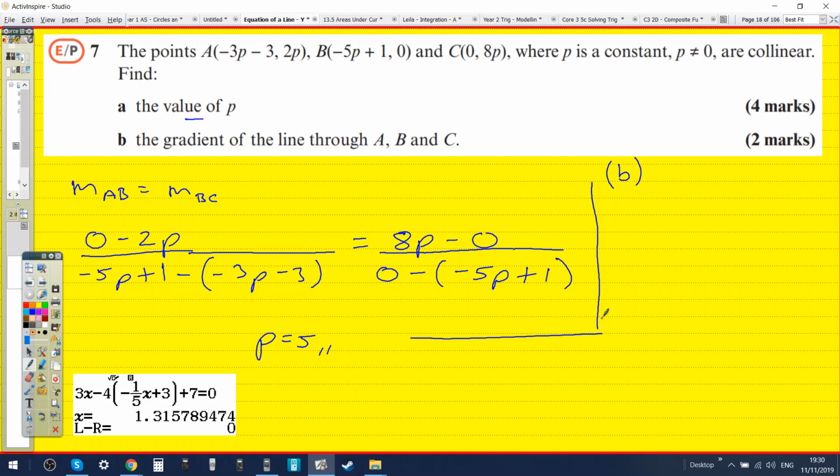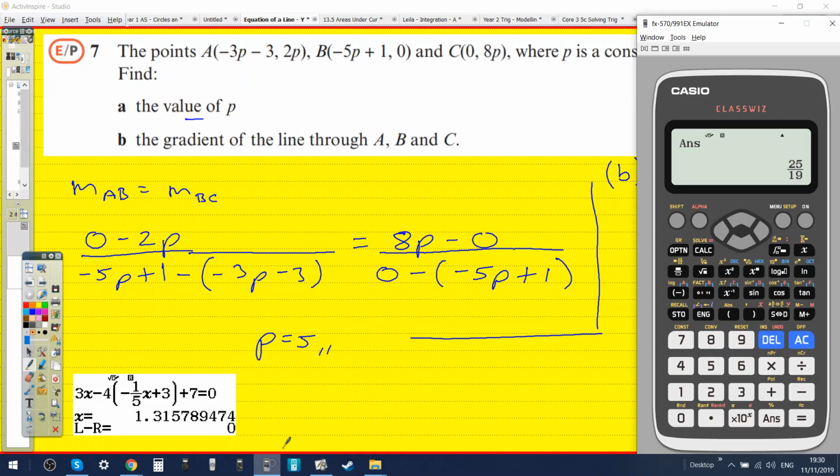Probably the other one, 8p minus 0 over 0 minus 5p plus 1. Yep. And then now equal to 8p over 5p minus 1.